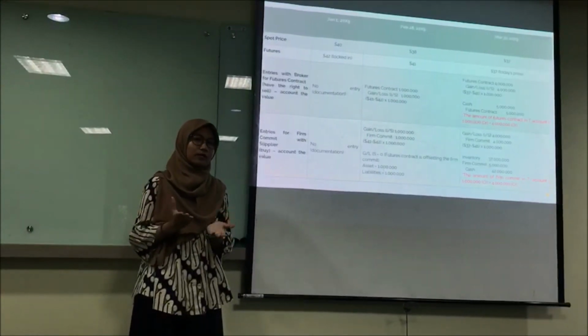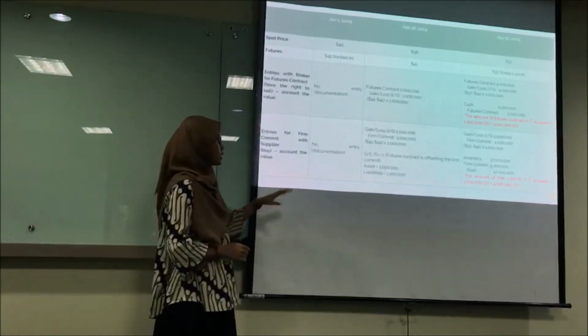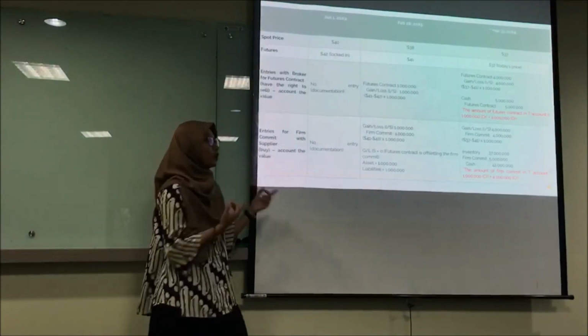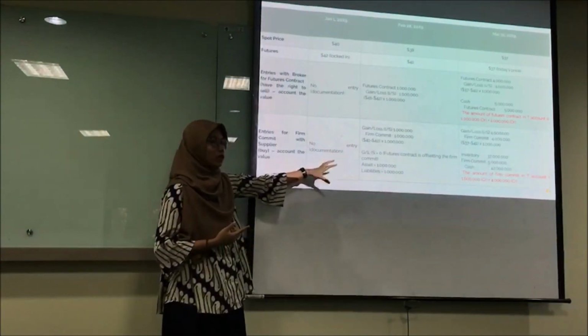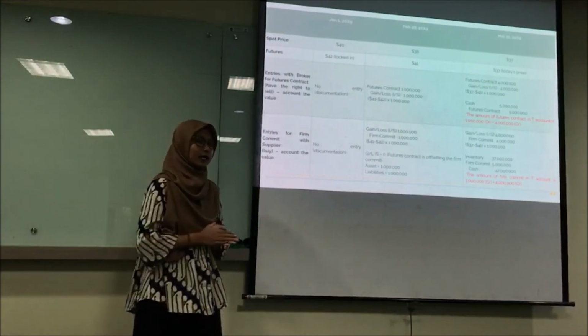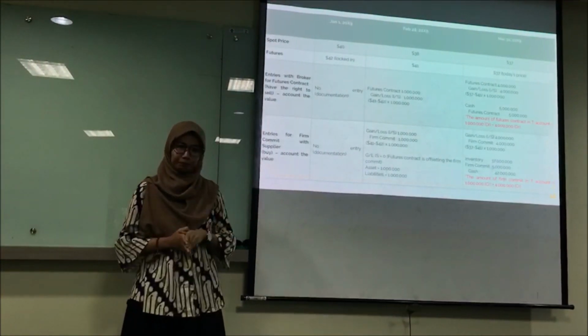So you recognize loss, and you can see the future contract and firm commitment are offsetting one another. So we have gain or loss equal to null, and we recognize assets and liabilities of 1 million.